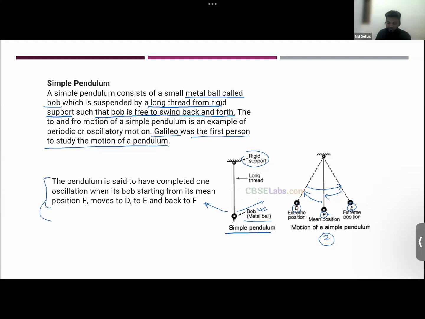Did you get this, Mafaz? Yes, sir. Okay, can you explain this to me? What is one complete motion of a pendulum called, and what does it constitute?